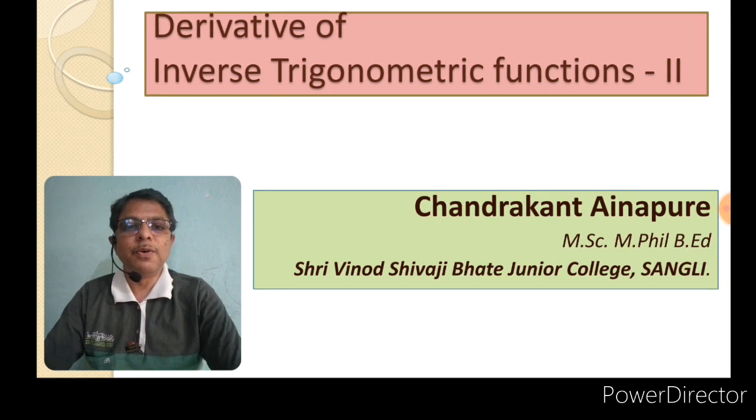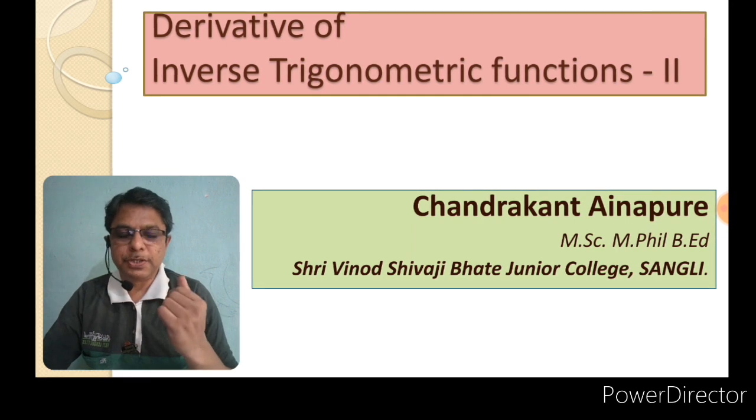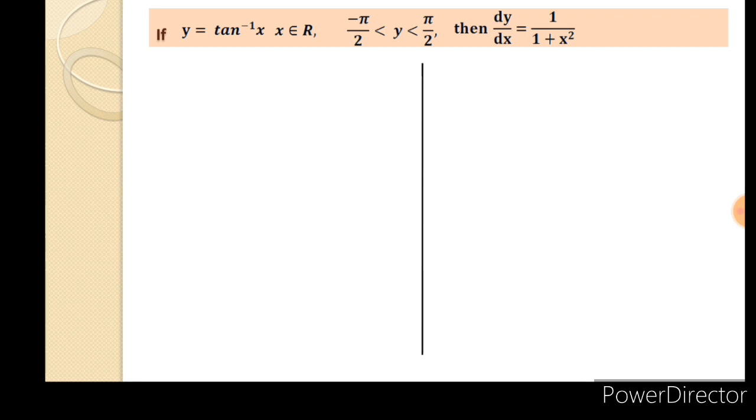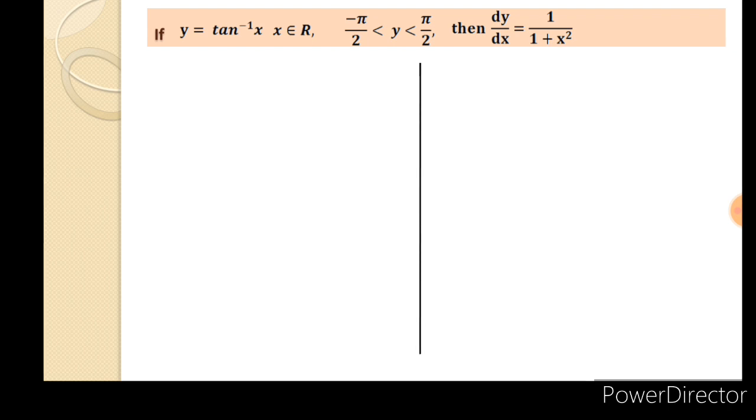So now in this video we'll go for the derivative of tan inverse x and cot inverse x. So let us go for that. We consider y is equal to tan inverse x, x belongs to R, and minus pi by 2 less than y less than pi by 2, because for this condition only tan inverse x exists.